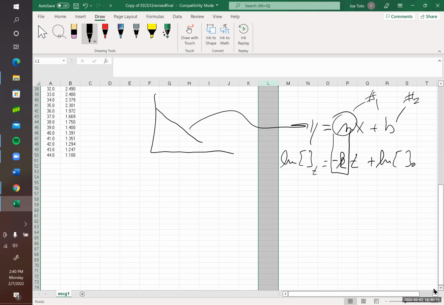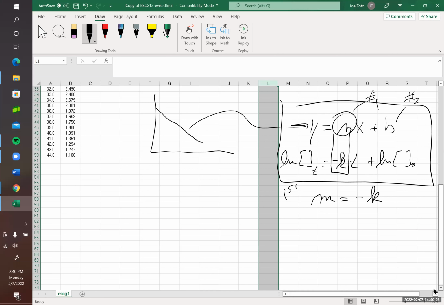So what this tells me is that for first order, m equals minus k. That's for first order. And for zeroth order too.